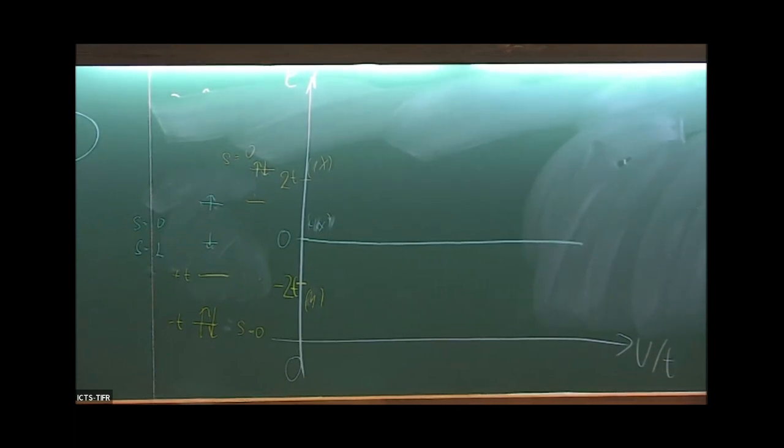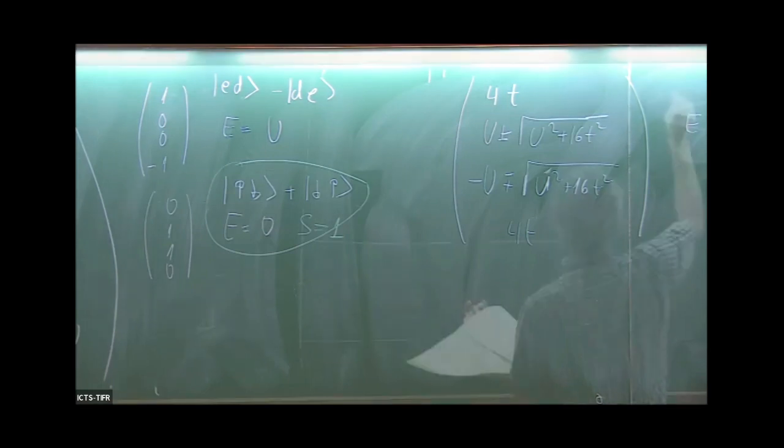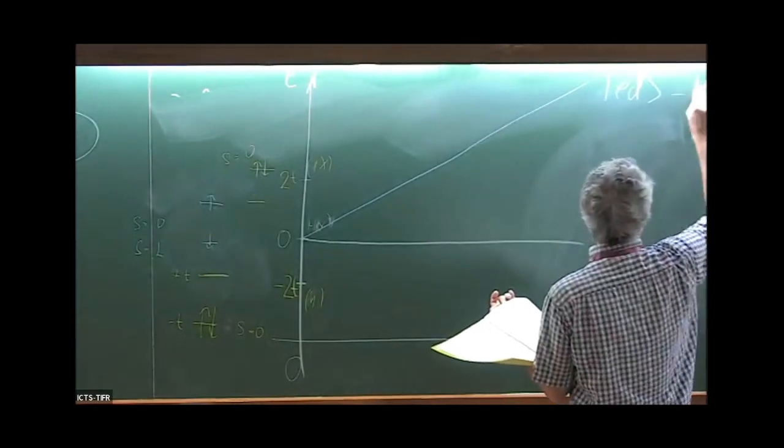So the delocalization doesn't play a role here. So the energy is equal to U, and I will use a different color, maybe blue. The blue is going up linearly proportional to U. So this is the empty double minus double empty.